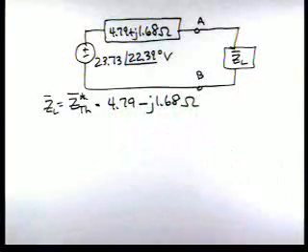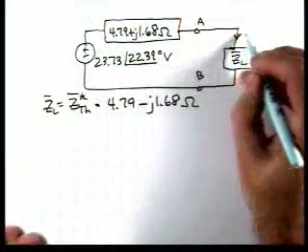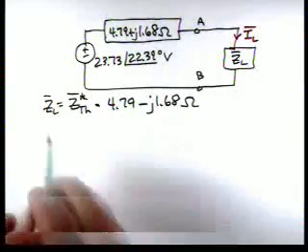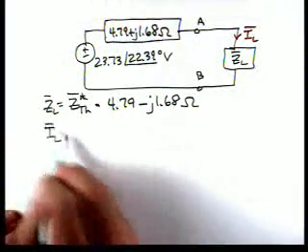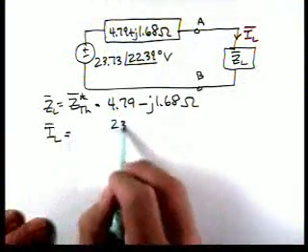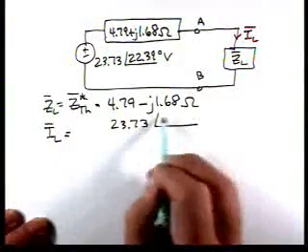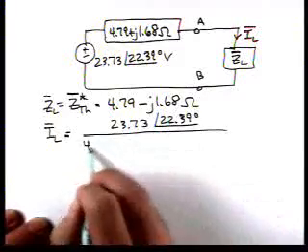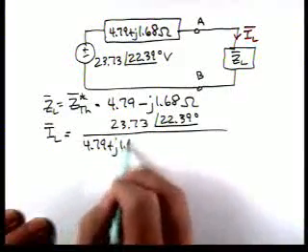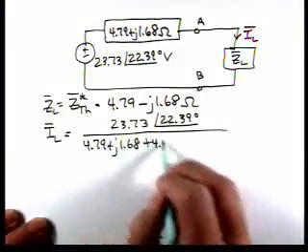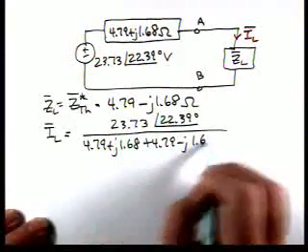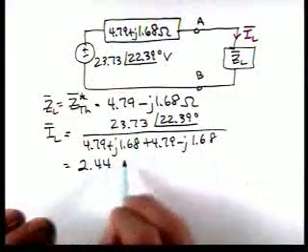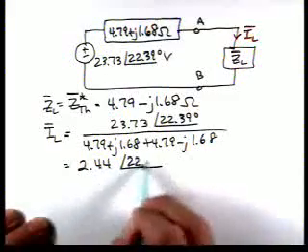Now let's calculate the current IL. IL is 23.73 at 22.39 degrees over (4.79 plus j1.68 plus 4.79 minus j1.68), which is 2.44 at an angle of 22.39 degrees.